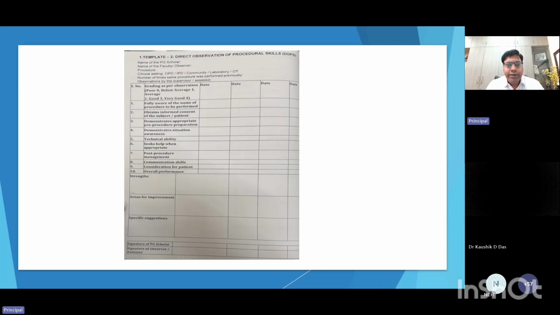So these are different templates which are given in the logbook, student logbook, under the heading direct observation of procedural skills. So different gradings as per the observation are given and date wise it is to be recorded along with the strength and the area of improvement. Next.